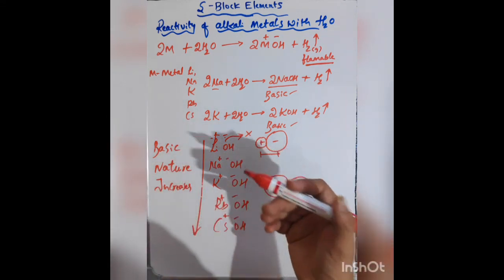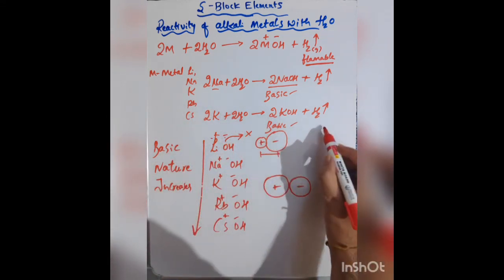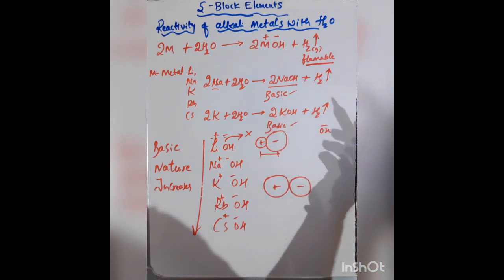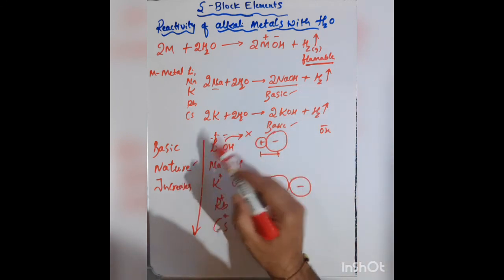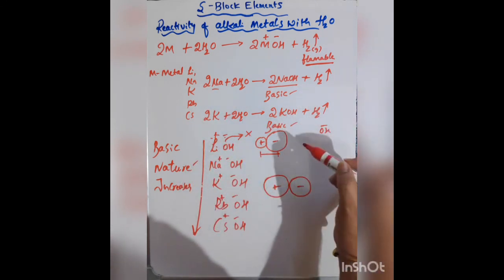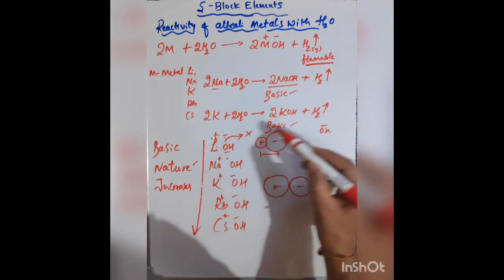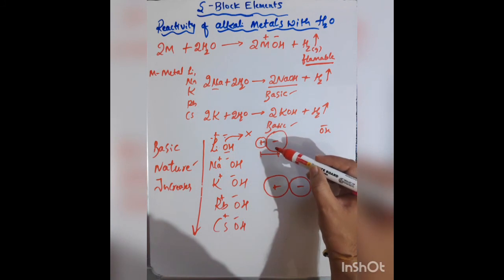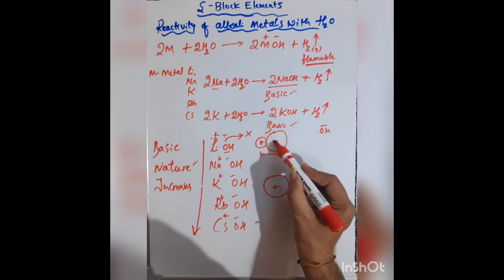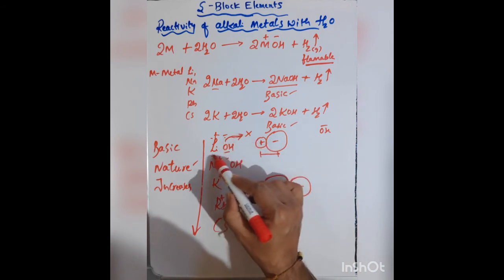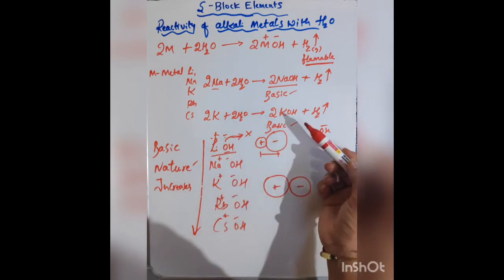Bases are compounds which give OH minus. If OH minus is given fast, it is called a strong base. If OH minus is given slowly, it is called a weak base. In lithium hydroxide, because of the small distance between cation and anion, OH minus is given slowly, therefore lithium hydroxide is a weak base.